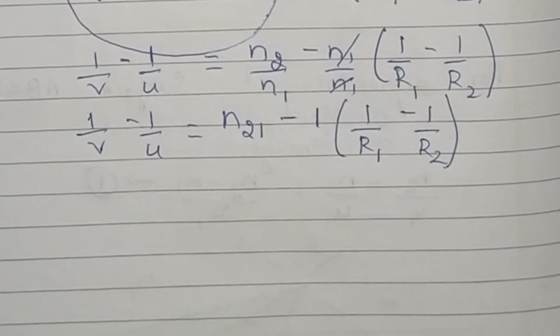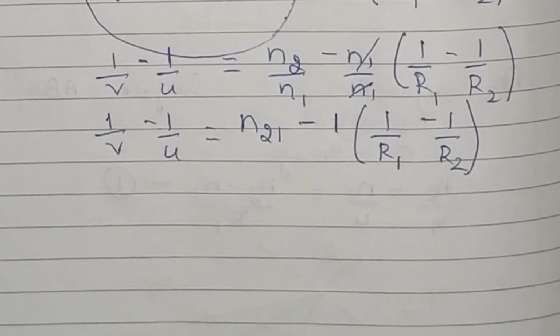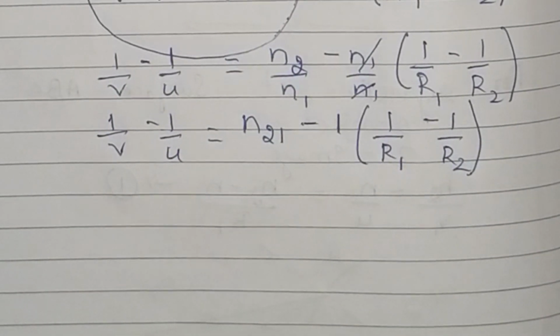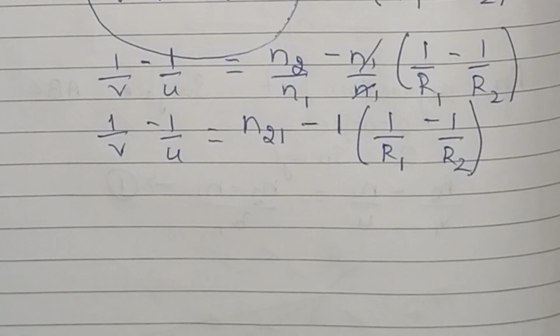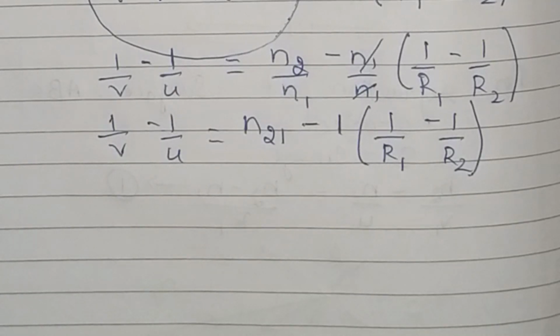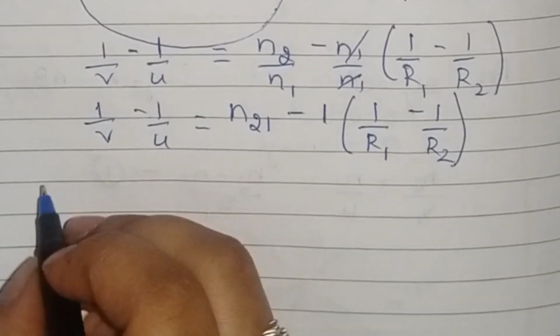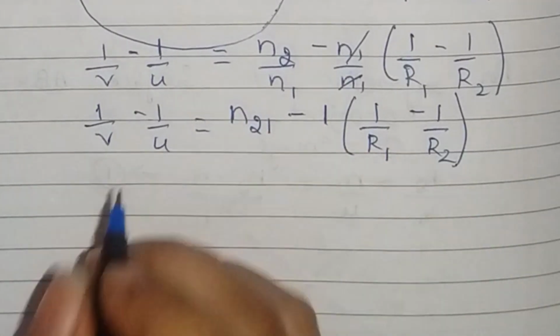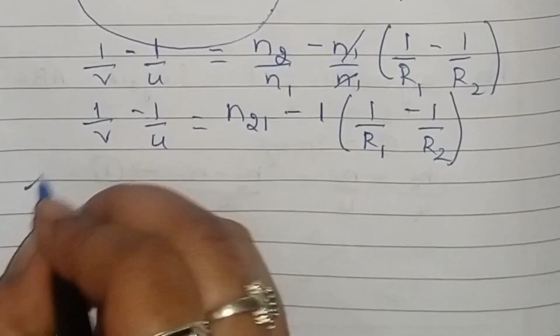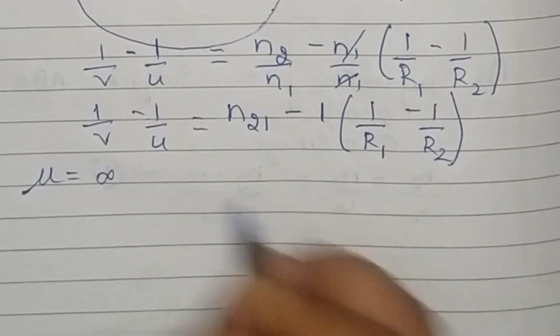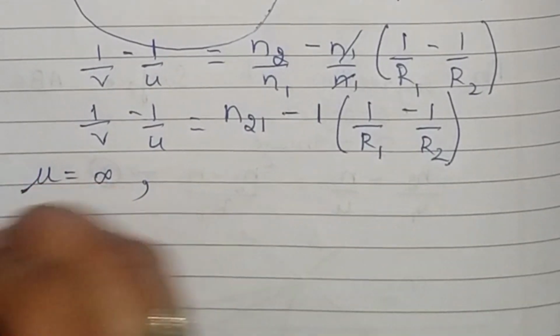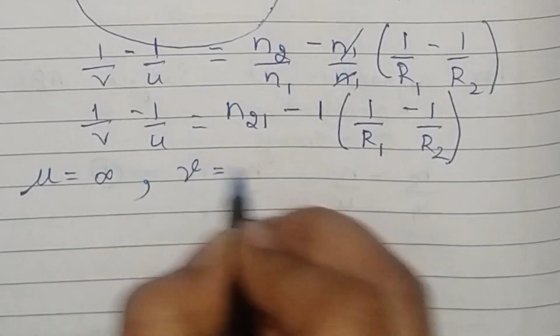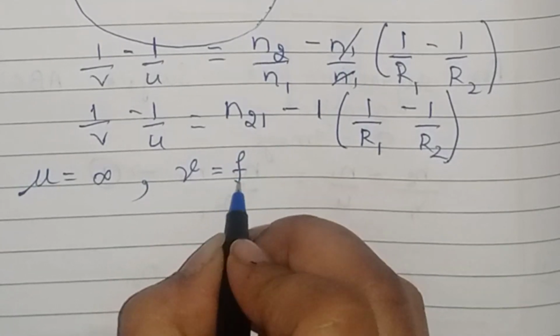Here, suppose the object is placed at infinity, then the image will be formed at the focus. This we know. So we are imposing this condition to get the lens maker's formula. If the object distance is at infinity, the image distance will be at the focus.